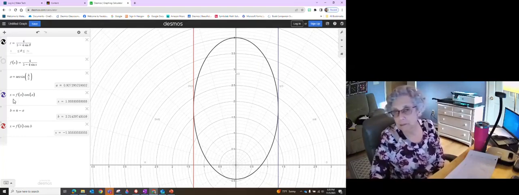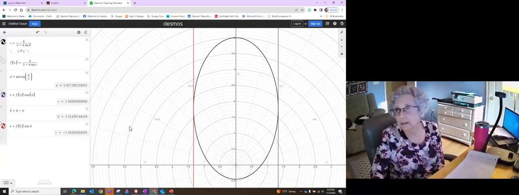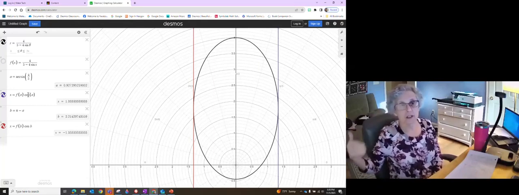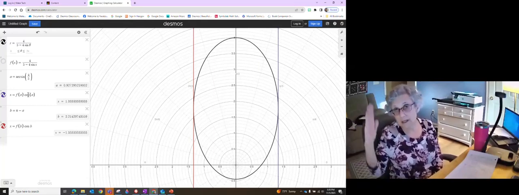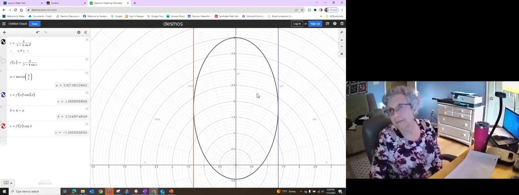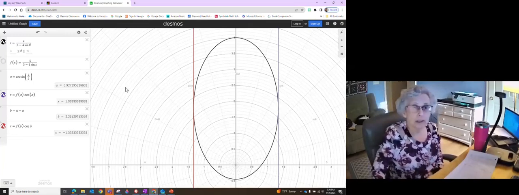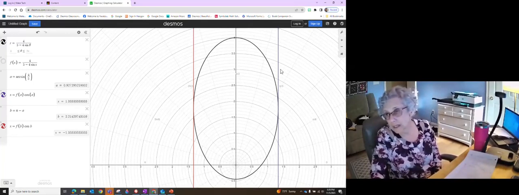Then I plotted the line x equals f of a times cosine of a, because that's the x coordinate on the ellipse when your input is arc sine of 4/5, and I can see, yes, that is where the vertical tangent is.